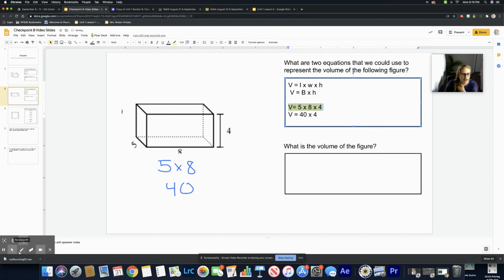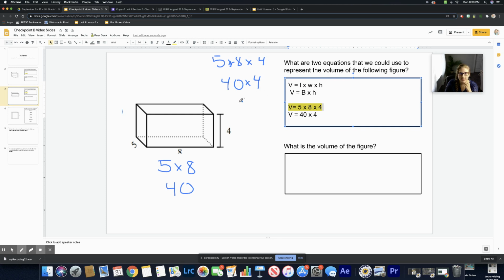And I'm going to do 5 times 8 times 4. Now I'm going to do 5 times 8, which is 40, times 4. Wait a second. We said 40 times 4 is an equation that we could use. That is because this equation here is just a simpler way to write that one.